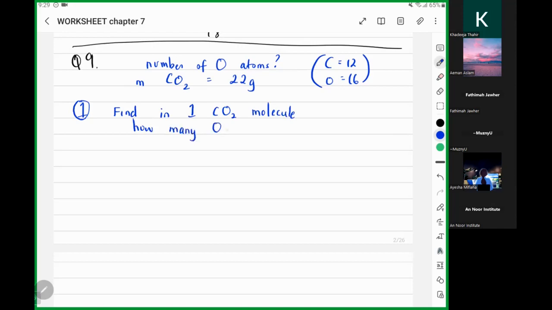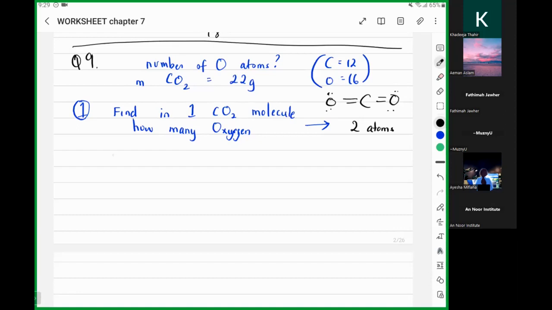How many oxygen in 1 carbon dioxide molecule? Tell me that. 2. Very good. 2 atoms. Very good, because CO2 structure is something like this. It has 1 carbon and 2 oxygens. So 1 molecule of carbon dioxide definitely has 2 atoms of oxygen.